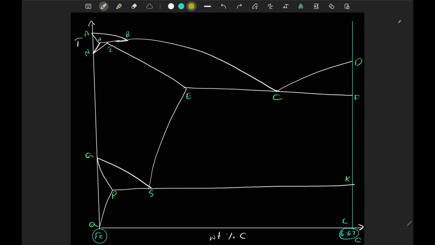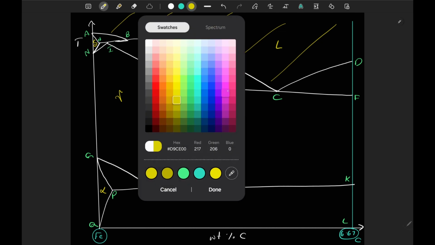So now I will mark these different phases first. Here we have the alpha phase, which is called as ferrite phase. Here we have gamma, which is the austenite phase. Here we have the high temperature delta ferrite phase. Beyond this, everything is liquid phase.